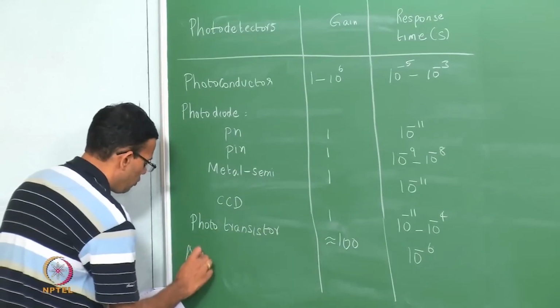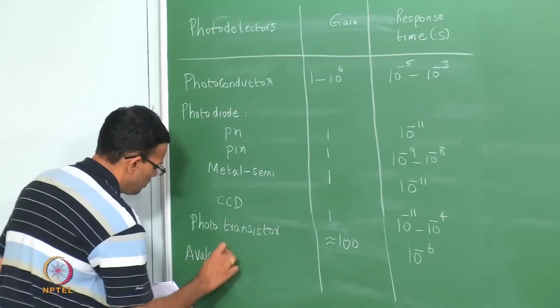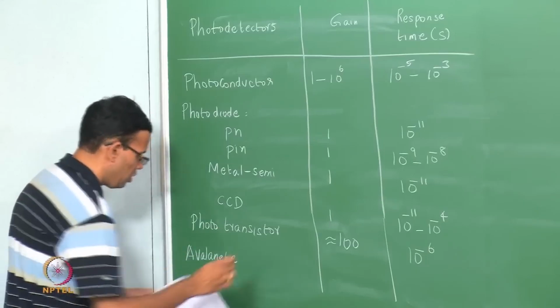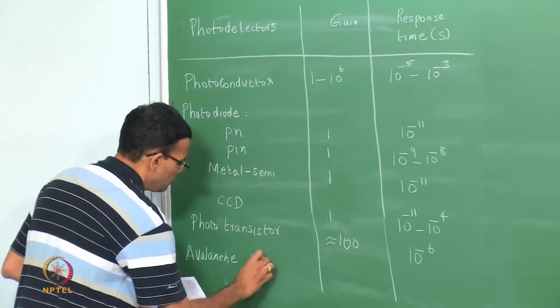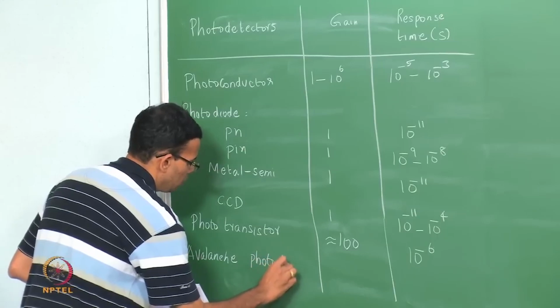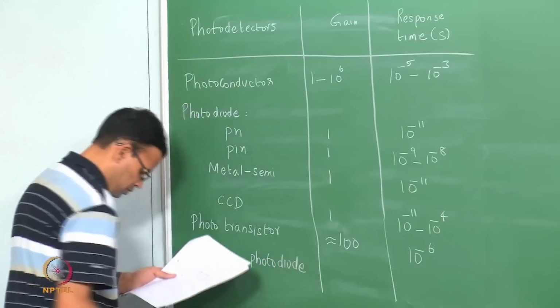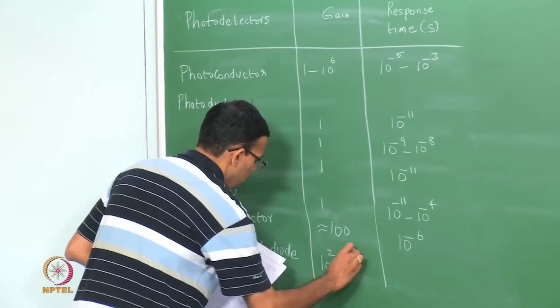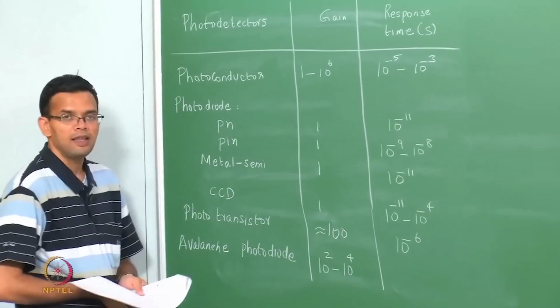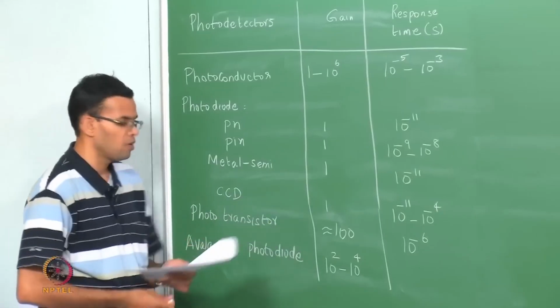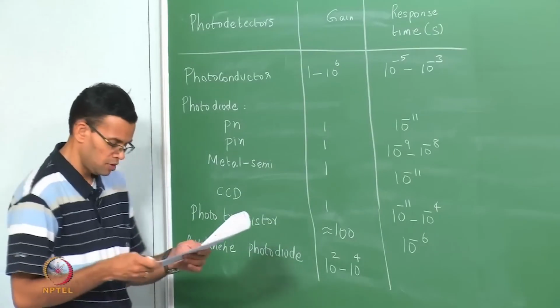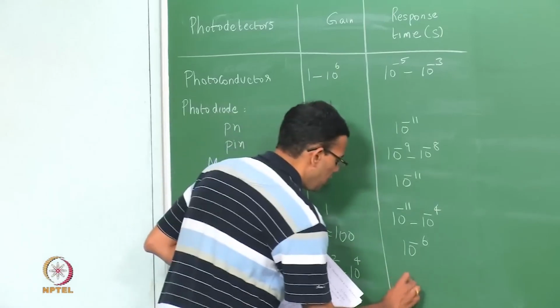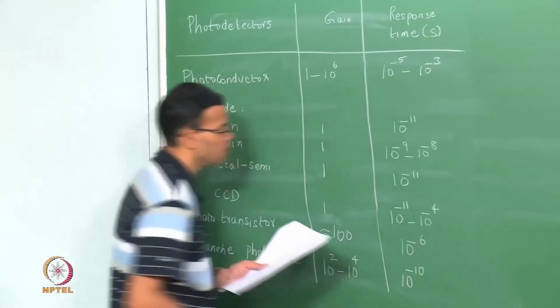Another type of photodetector is based on an avalanche photodiode, which also has a gain larger than unity because it is based on an avalanche process, and also a very fast response time.